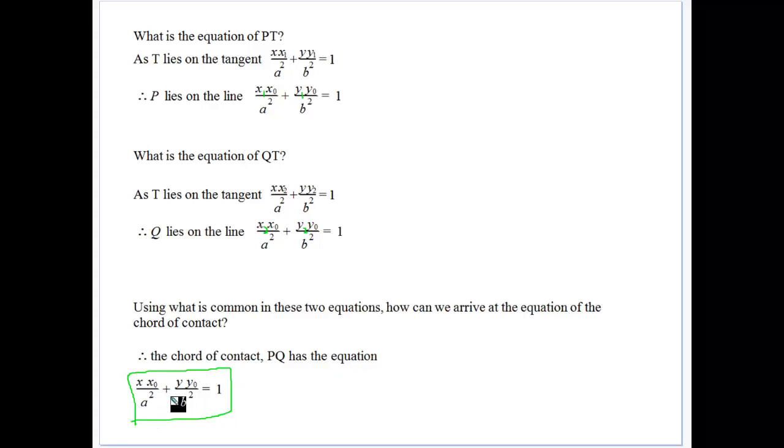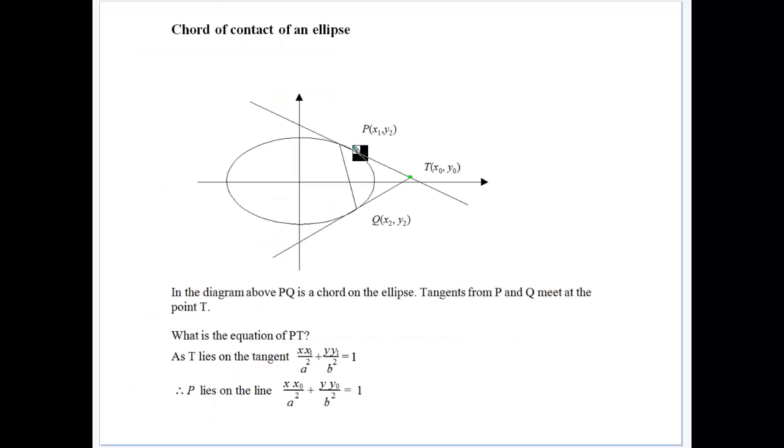It's very similar to what we did in the Extension 1 course with the parabola. We get the two tangents, and because (x0, y0) satisfies both tangents, we are able to get an equation where both P and Q satisfy that same one equation, and that's an equation of a line that includes (x0, y0). So that must be a line between the two points P and Q.